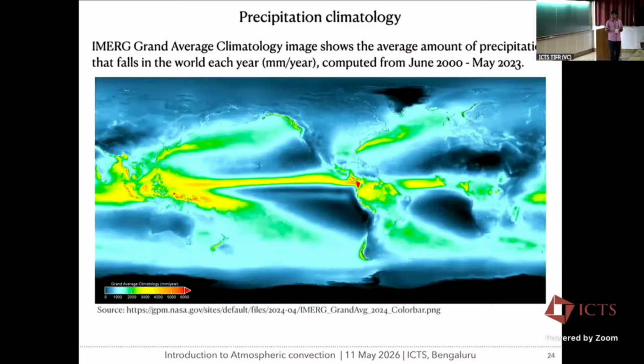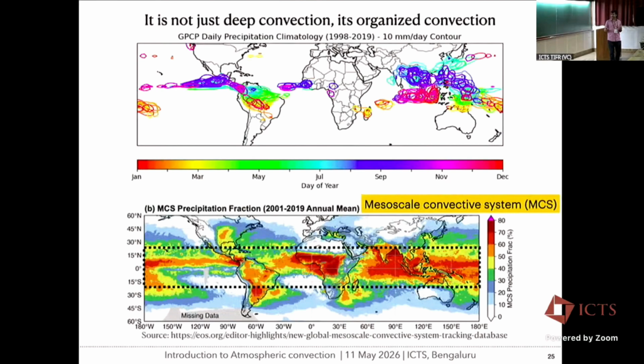So I plotted this in a slightly fancier way, plotting only the higher intensity rainfall, meaning I have just plotted the contours indicating 10 millimeters per day climatological rainfall, and I have colored them from January to December.